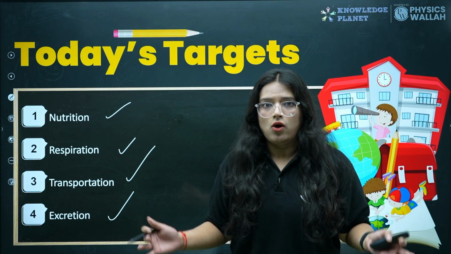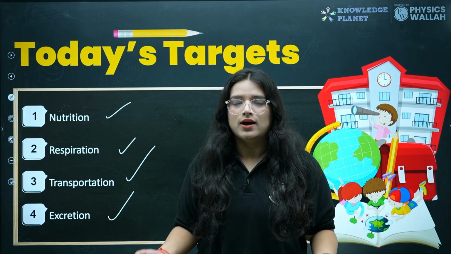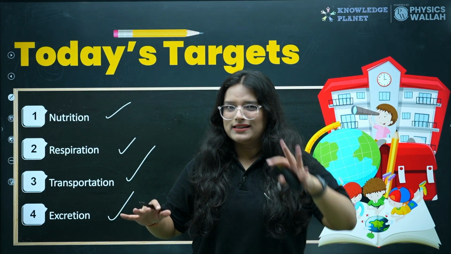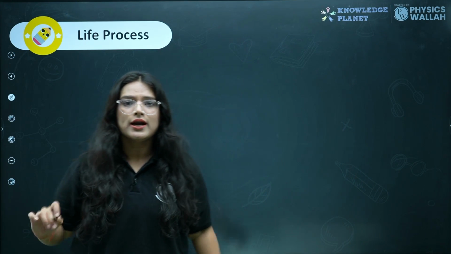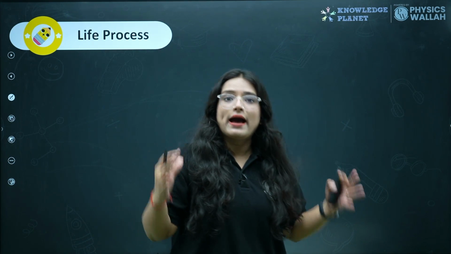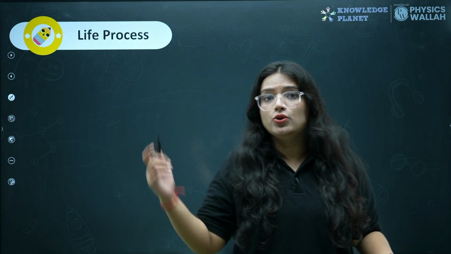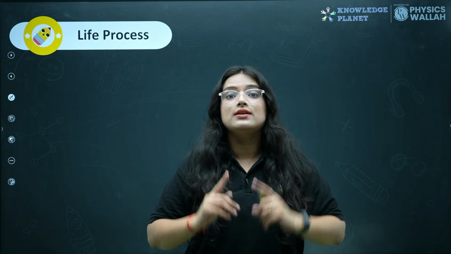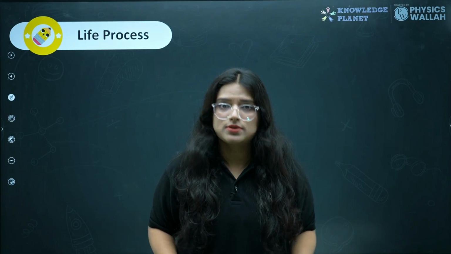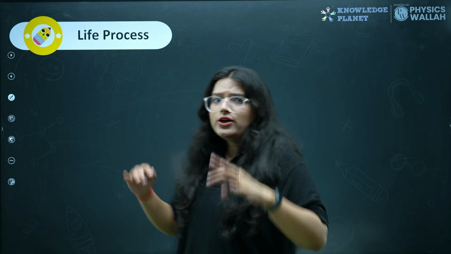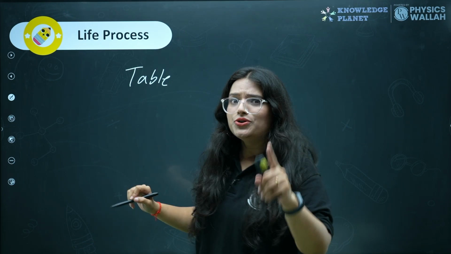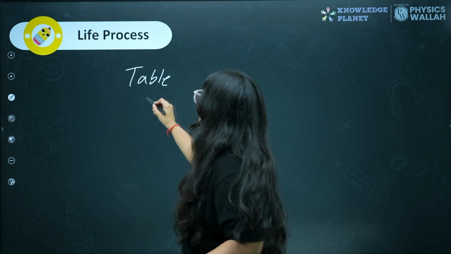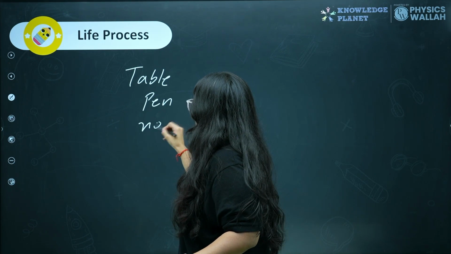But hey, what is life process? Alright, let's discuss that. Now think about day-to-day activities. Think about you and just look at the surrounding. What all things do you observe? You might observe a table, okay? You have your pen, you have your notes.